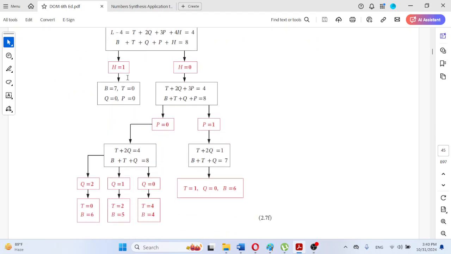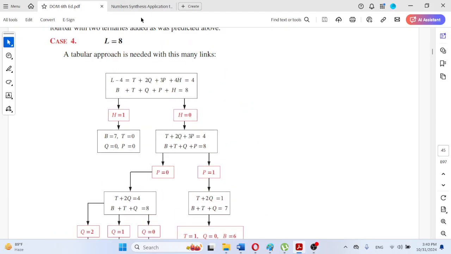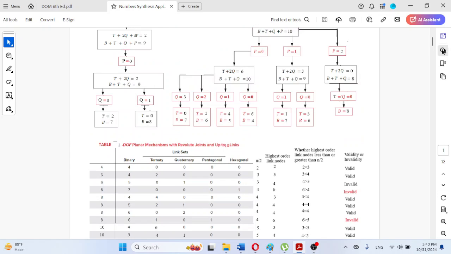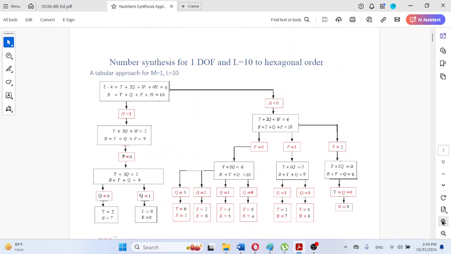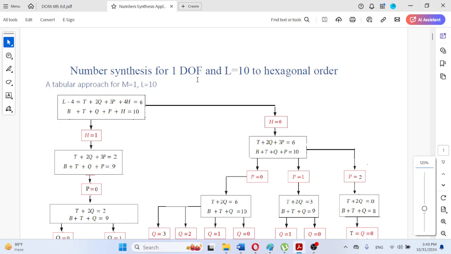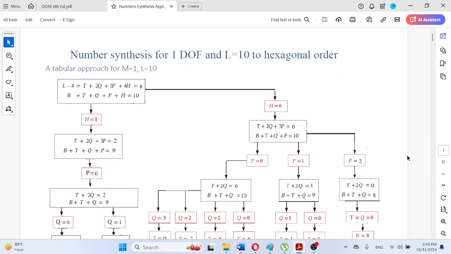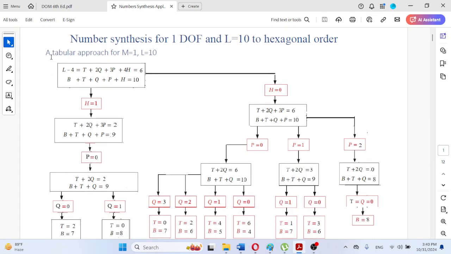So I can add a further case number 5 here, and I will explain this tabular approach in this way. The number synthesis for 1 DOF and L equal to 10 up to hexagonal order. This tabular approach is very interesting and simpler, and students must be well conversant with this technique, so they should be able to do the number synthesis using it.